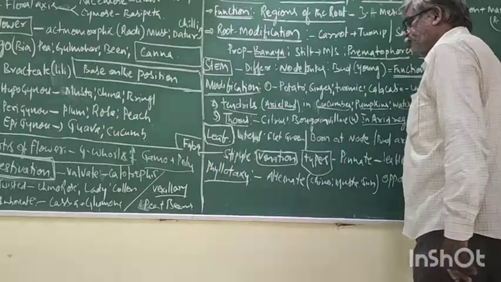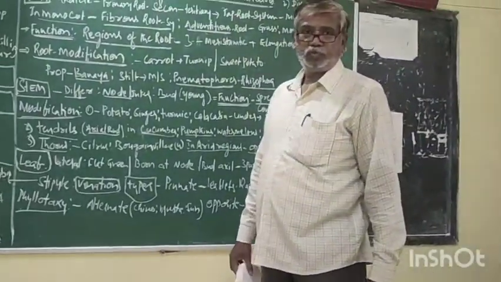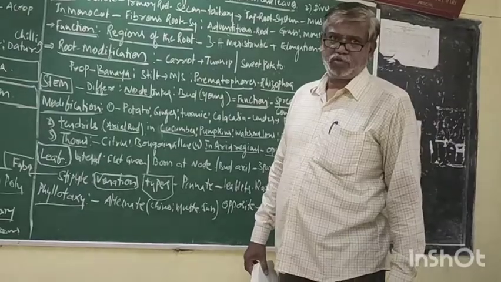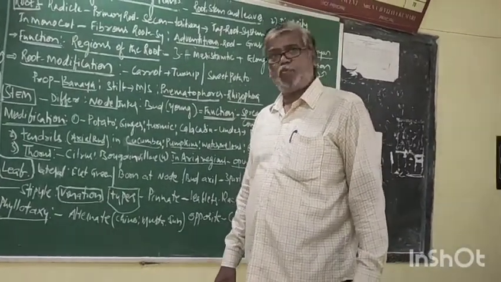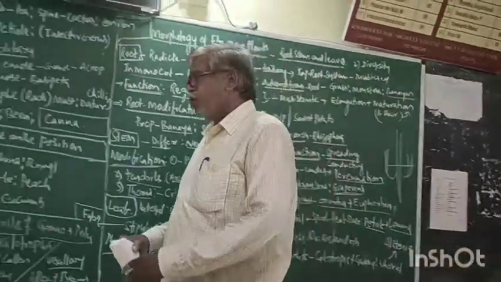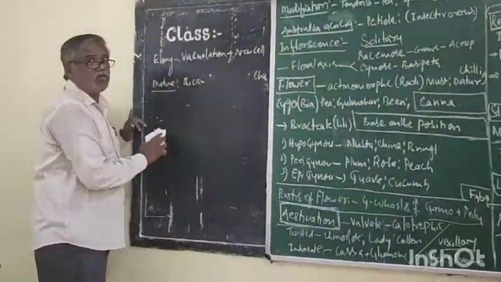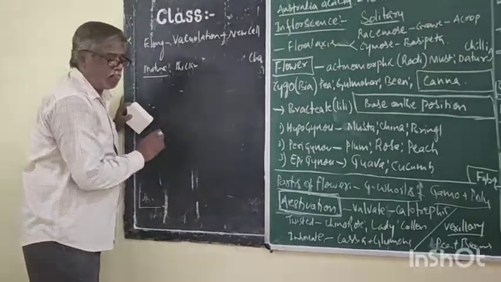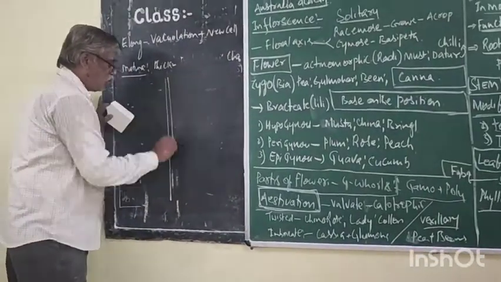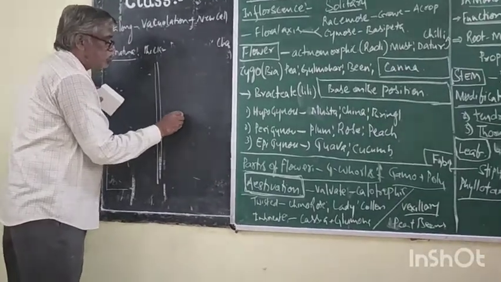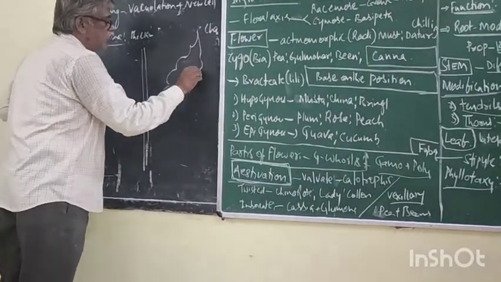Types of leaf. Generally, leaves are classified into two types: simple leaf and compound leaf. Before this, suppose it is the leaf base, petiole, and now the leaf.